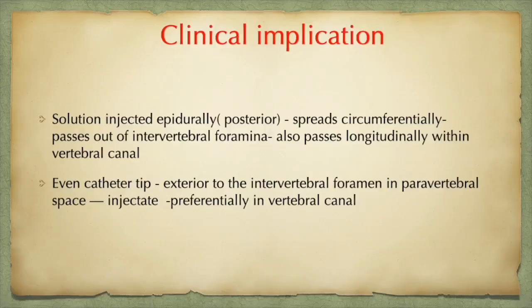Solution injected epidurally via the posterior epidural space spreads circumferentially, passes out of the intervertebral foramina, and also passes longitudinally within the vertebral canal. Even if the catheter tip accidentally extends exterior to the intervertebral foramina, even if it is placed in the paravertebral space, the injected solution can preferentially come back and spread in the vertebral canal.